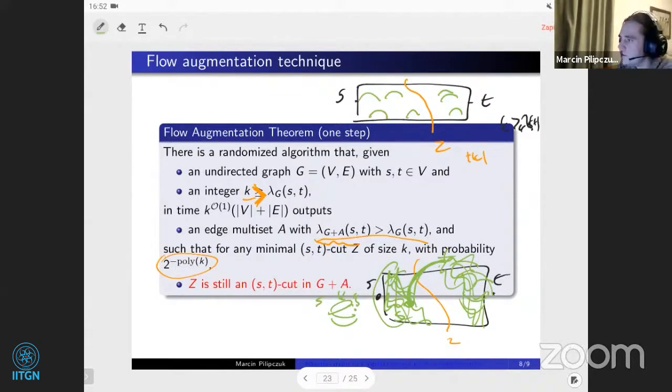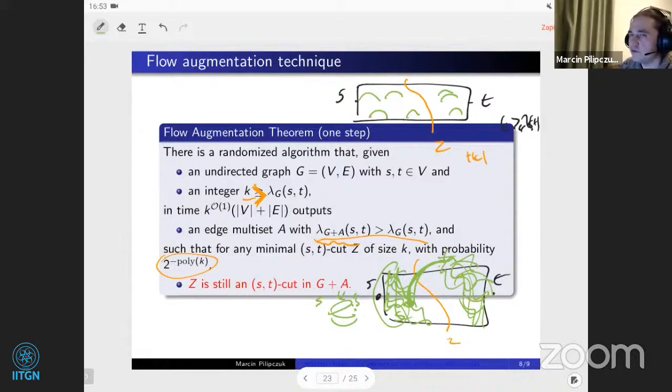Yeah, there's some questions coming. So the statement says, that's for Neil's question, that for every minimal cut, the probability that it will survive is like 1 over f of k, okay, 1 over 2 to the poly k. So it won't survive all the minimal cuts. The analysis thinks of looking at some unknown orange cut, and we want to keep it intact with good probability.